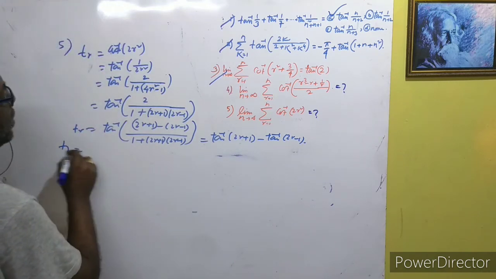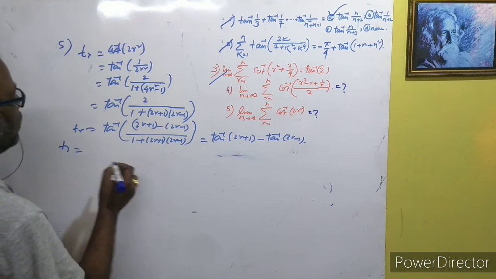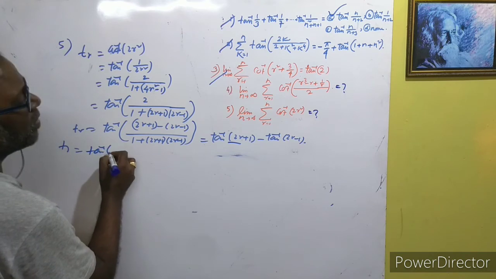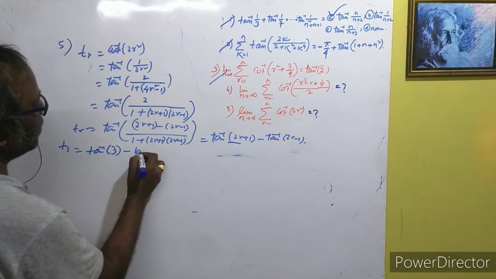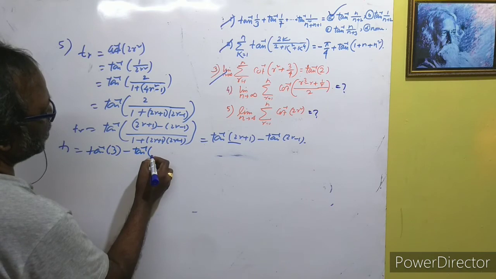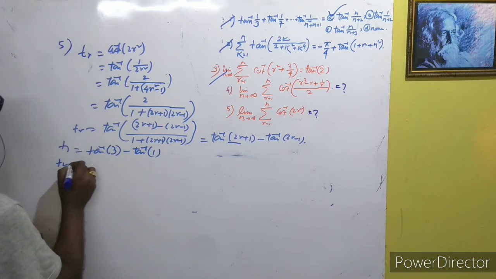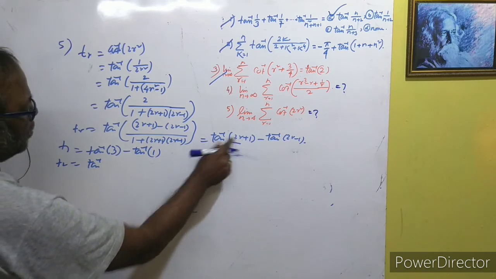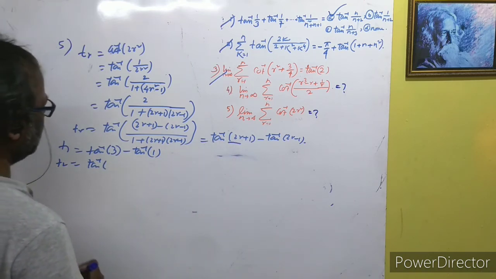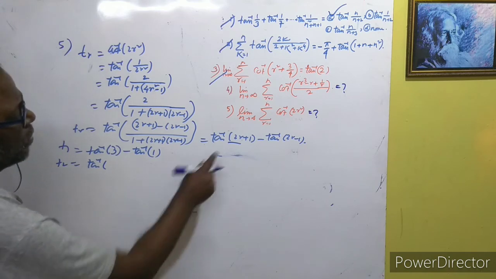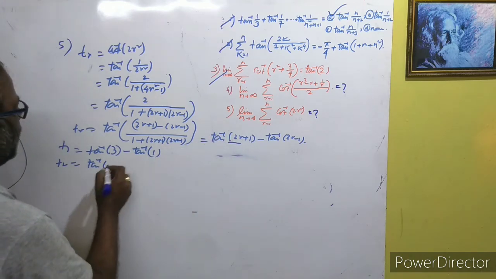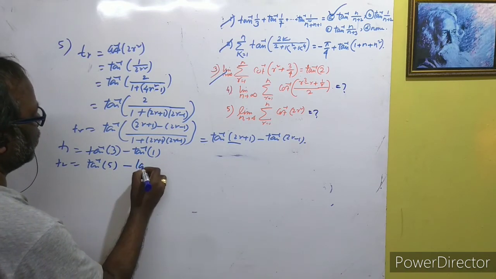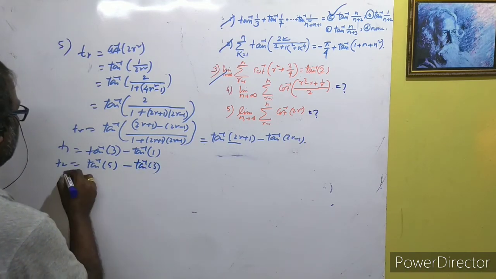So now we have to find Tr. Putting r equal to 1, 2, 3, up to n. So this is T1. If we put 1, then we get tan inverse 3 minus tan inverse 1. T2 is tan inverse 5 minus tan inverse 3, and so on.